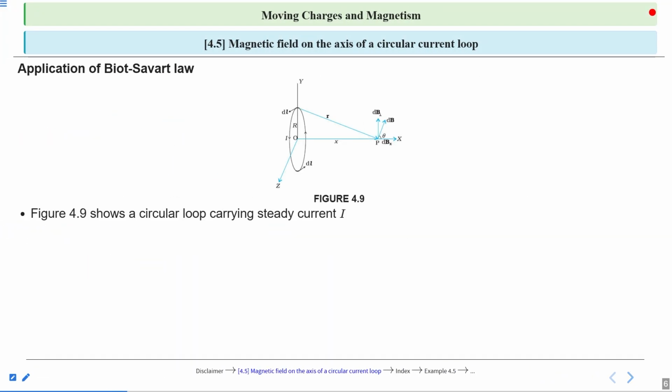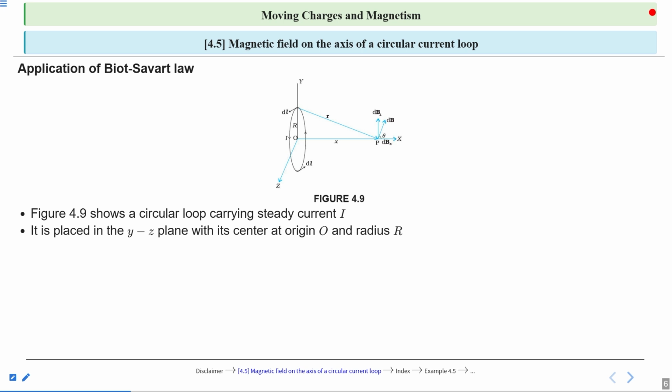Figure 4.9 is showing a circular loop carrying steady current I. You can see it is placed in the YZ plane. This diagram is 2D, but you have to imagine it in 3D, considering all three axes X, Y, and Z. This circular loop is placed in the YZ plane.